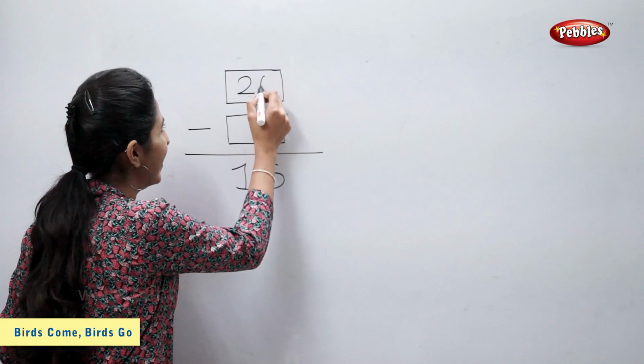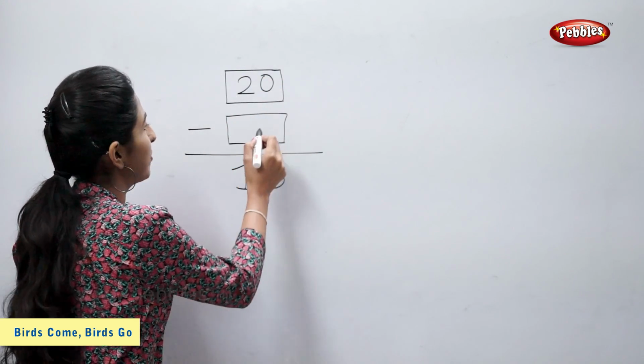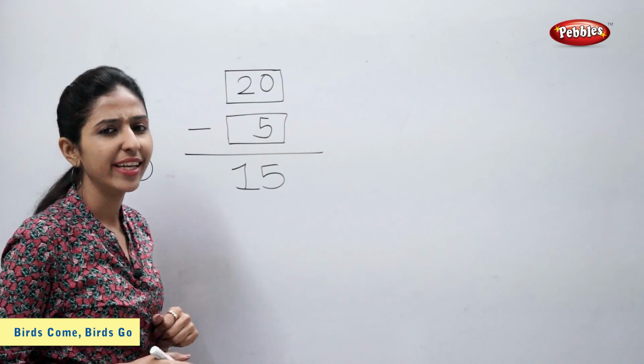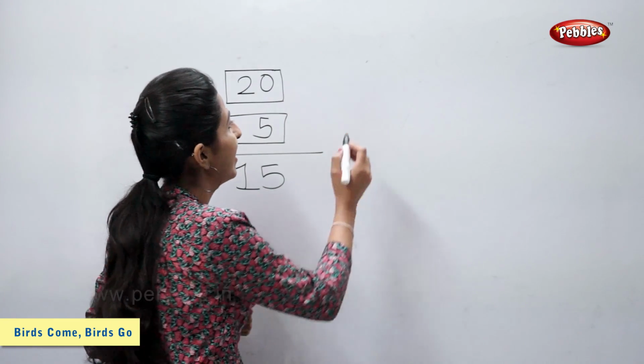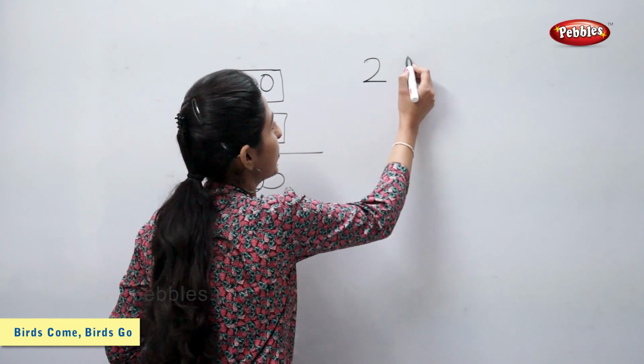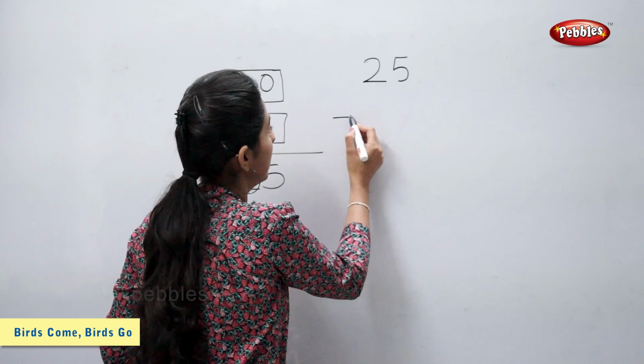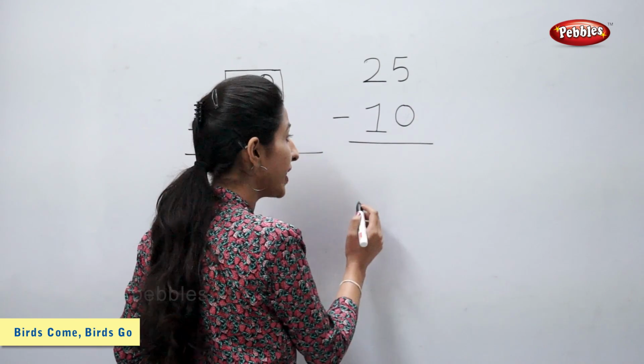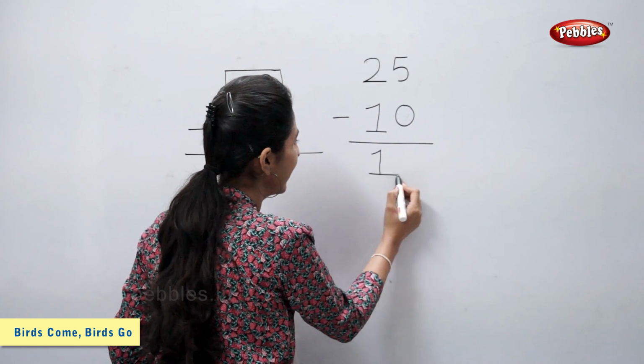So 20 minus 5 is equal to 15. Similarly, 25 minus 10 is also equal to 15.